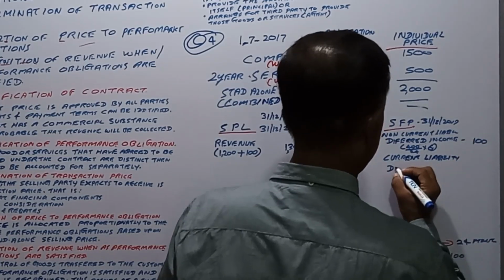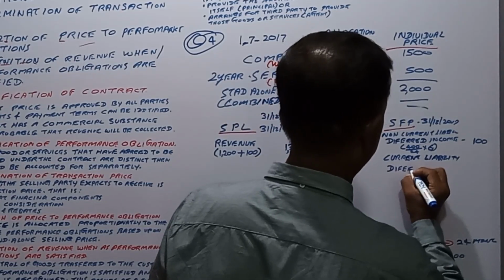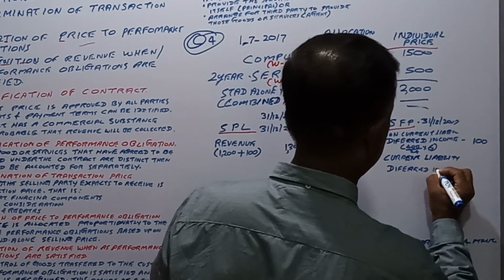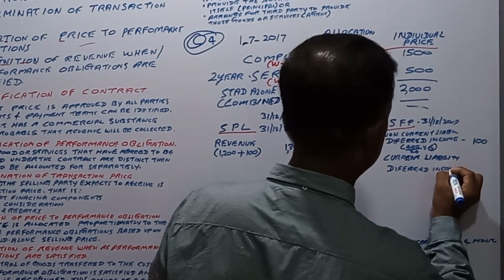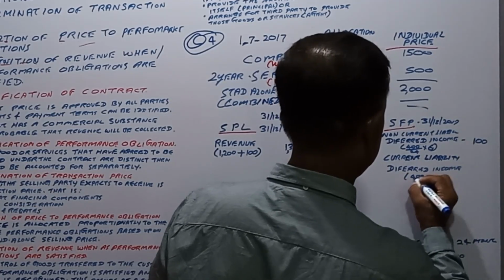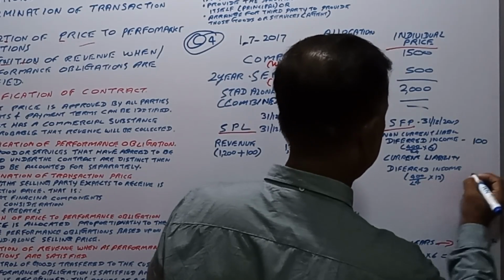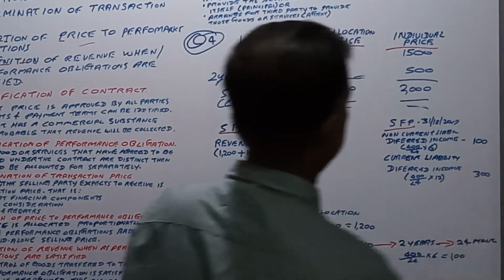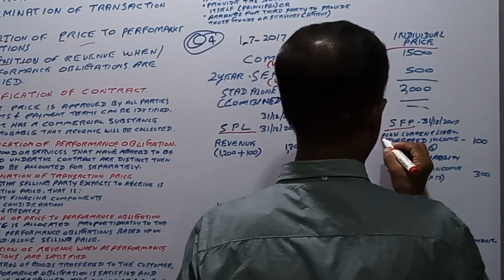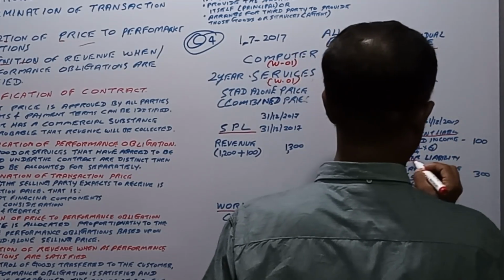So 300 is current liability and 100 is non current liability.